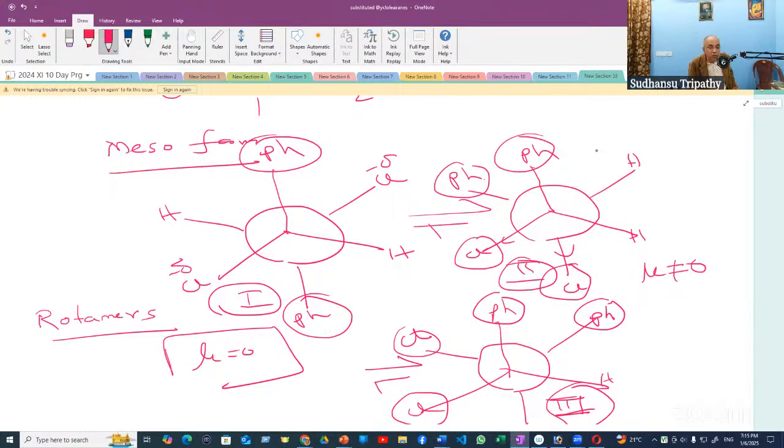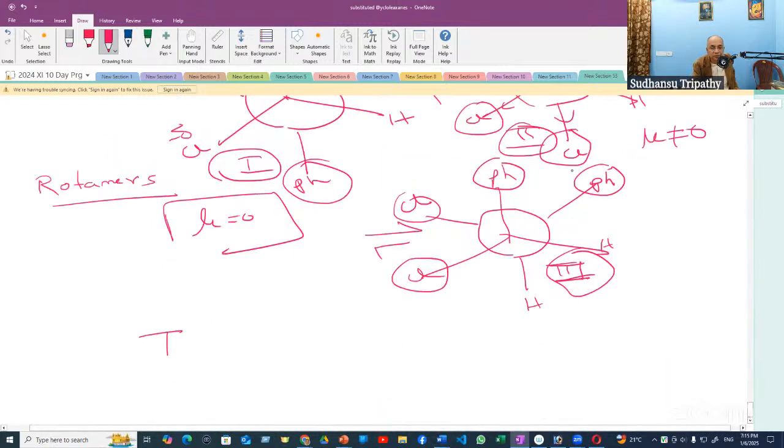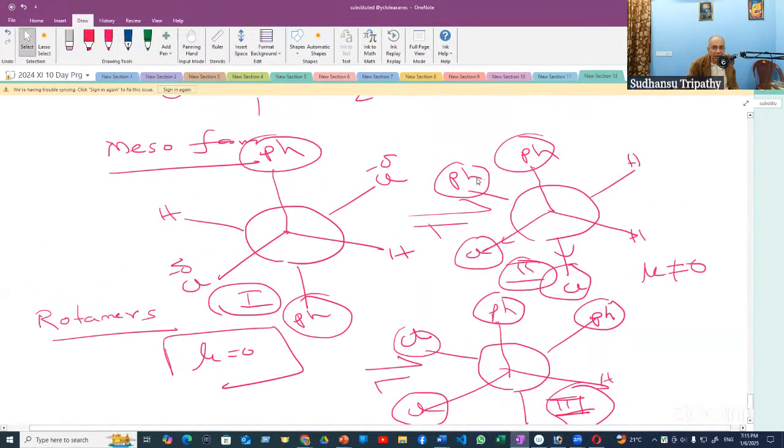But how are these two rotamers related with each other? Looking as if they are the same. Phenyl gauche, chlorine gauche.